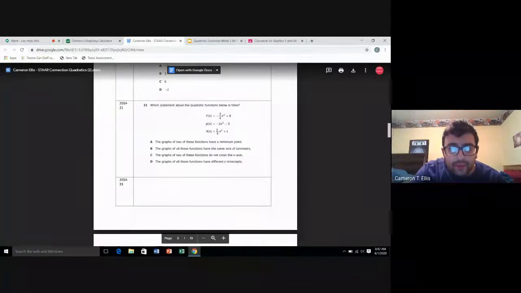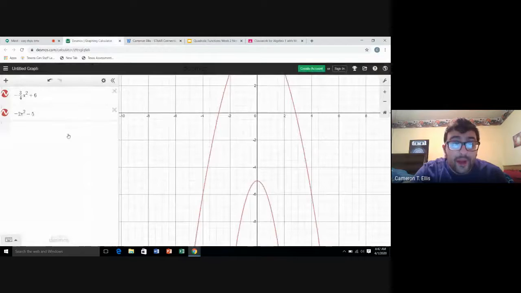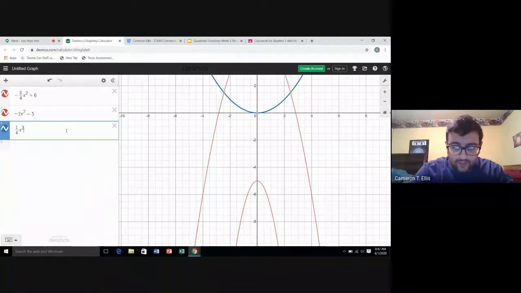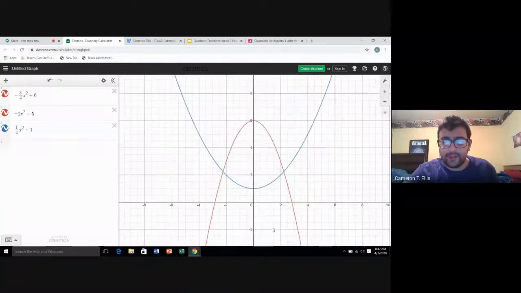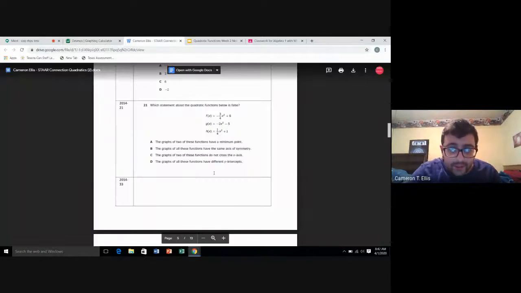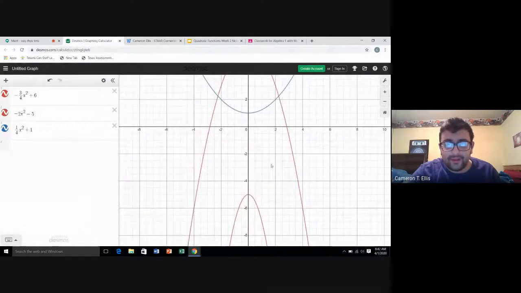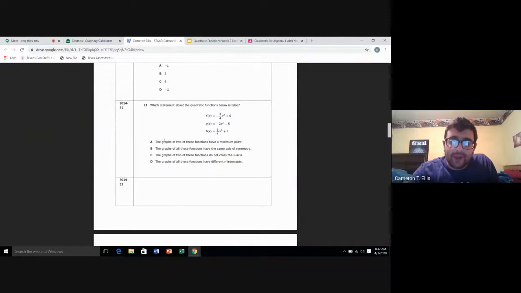Let's check 1/4 x squared plus 1. Now, you might think the other one will, right? But it won't. Look. See, this guy never crosses. This guy never crosses, right? So that's actually true. Have different y-intercepts? Well, they do have different y-intercepts, right? So that's true. That's true. That's true. That one's not, right?